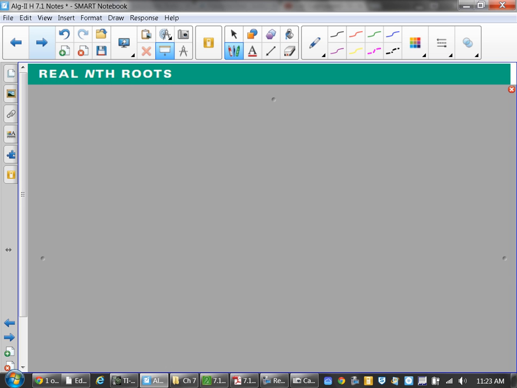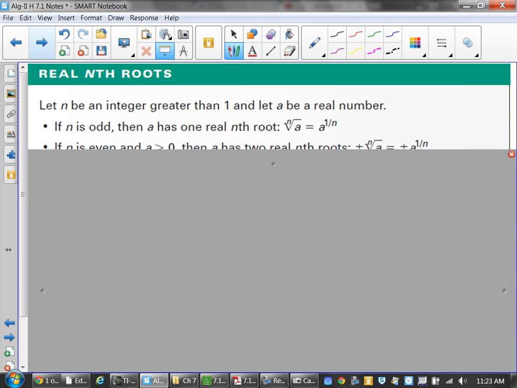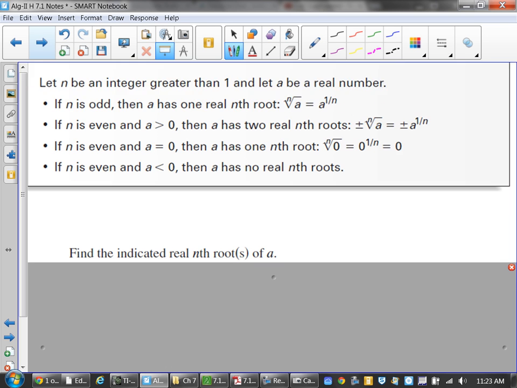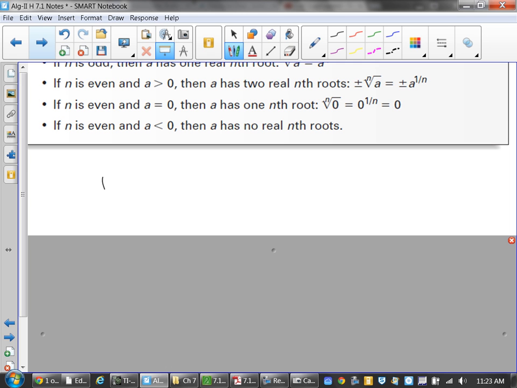Basically, it's going to boil down to these things that you already know. Don't write this out. Let's think of this logically. Does this have a real root? No, there's no real root here because you have a negative under an even power.